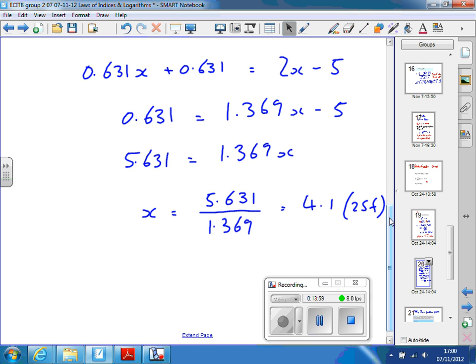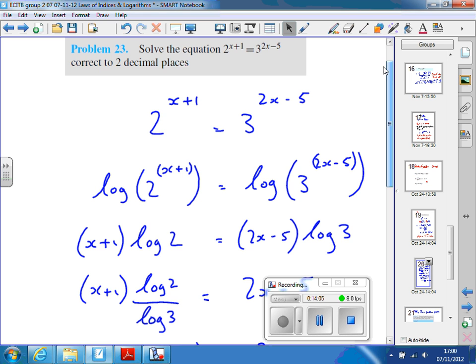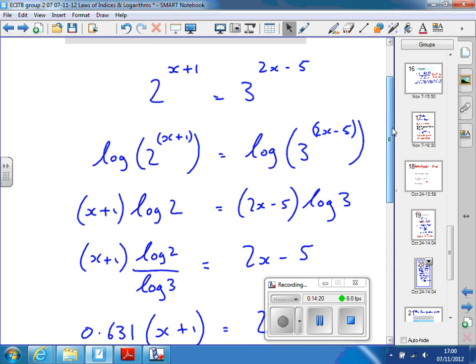How do we check? We would put that value for x back into the original equation and see whether, if I work out what 2 to the power 4.1 plus 1 is, and what 3 to the power 2 lots of 4.1 minus 5 is, I get the same answer. If you're in an engineering situation, you need to be able to check you've done it right, and that's the way to do it.